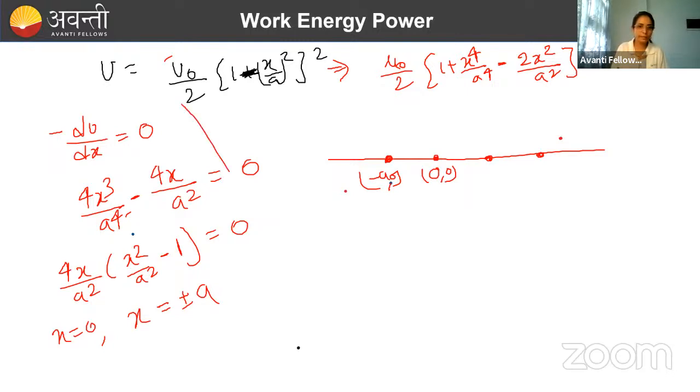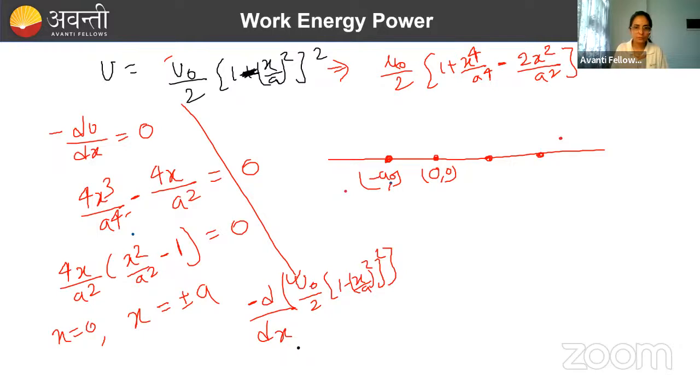Okay, if I'm going to write it now, what will be the differentiation? Minus du by dx now. So minus d by dx you will be writing here. And here you will be writing u naught by 2, 1 minus x by a का square. That you are going to do now. हाँ, as it is copy हो जाता है. तो copy किया नहीं किया मैंने क्योंकि वो all ultimately 0 हो जाता है यार. अच्छा ठीक है चलो. u naught by 2 यहाँ लिखती हूँ.